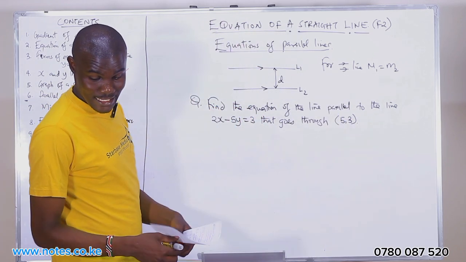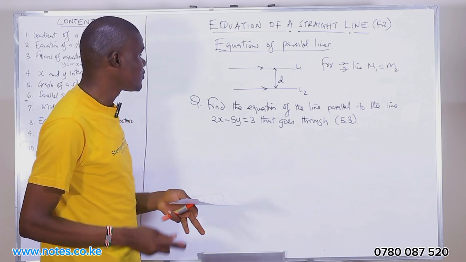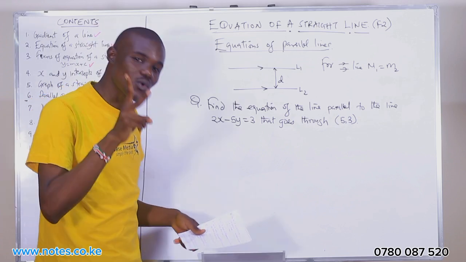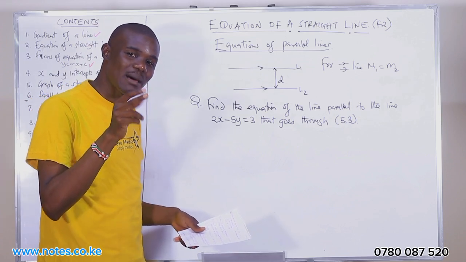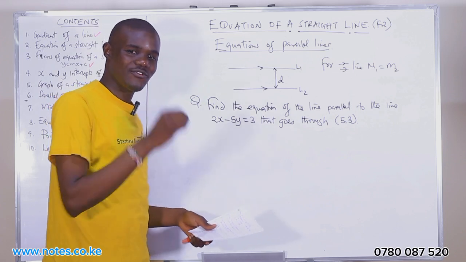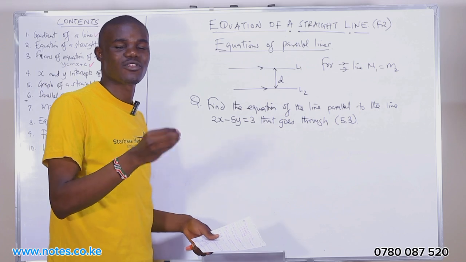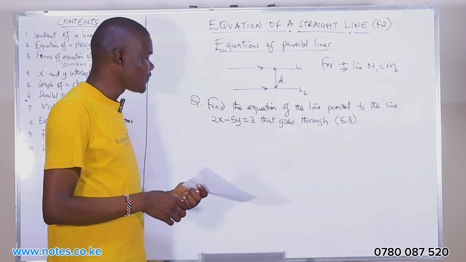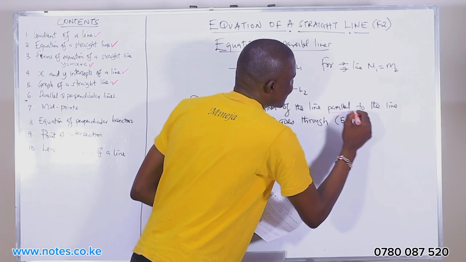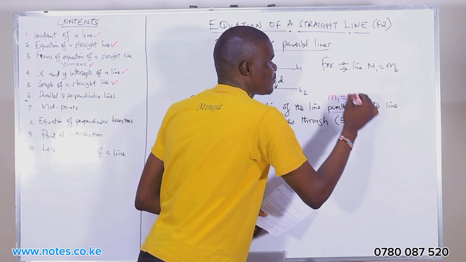Dear students or learners, whenever you are approached with this question, what you must have at the back of your mind is that we are dealing with two lines. Number one is the line you are given. That line you are given, its significance is to only help you get the M1, which is the gradient for the first line. Then you conclude that since these lines are parallel, therefore M1 will be equal to M2.